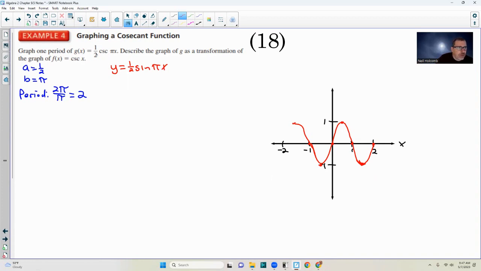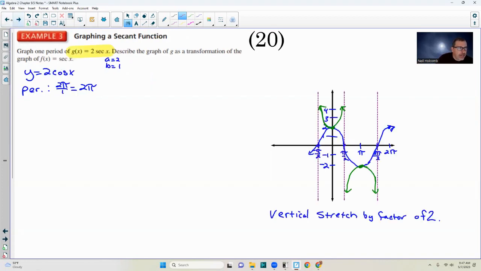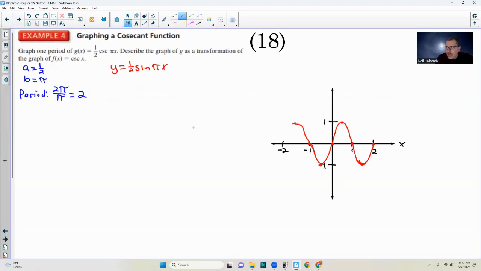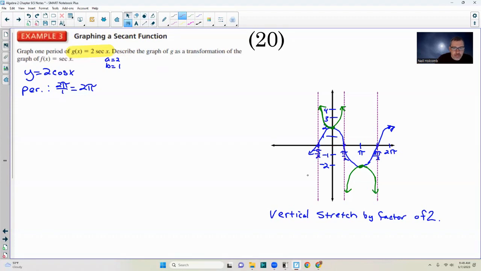All right. So then we want to go back and look at cosecant. The domain is all real numbers except multiples of pi. At these values, there's a vertical asymptote. Okay, so in this case, pi over pi is 1. So there's going to be a vertical asymptote at 1. Remember, our b is pi. So we're going to have vertical asymptotes at multiples of 1 in this case. So let me copy this over.